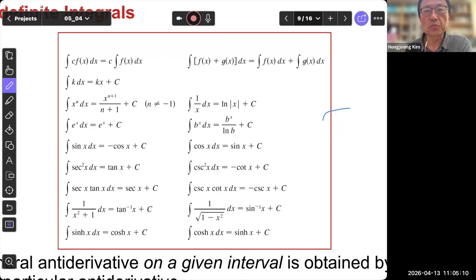I will assume that at least you memorize this relation between derivatives and antiderivatives, or at least you have this information on your cheat sheet. Once you have this, we should be able to find the definite or indefinite integral of many other functions.